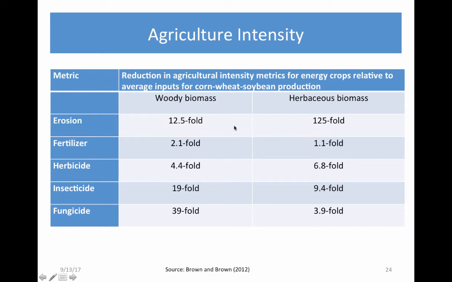For example, woody biomass and grasses can reduce land erosion 12-fold and 125-fold. Woody biomass and grasses can also significantly reduce the use of chemicals such as fertilizer, herbicides, insecticides, and fungicide.